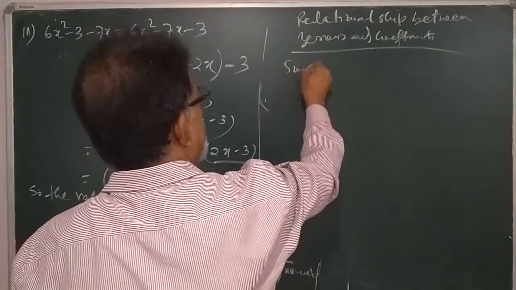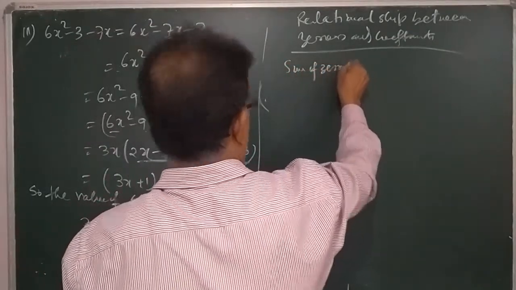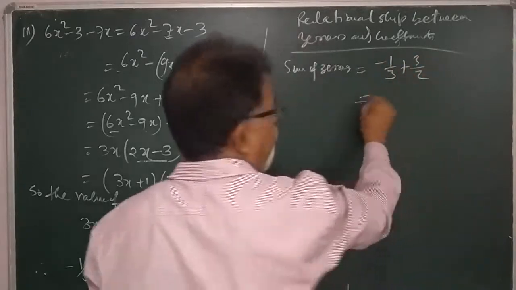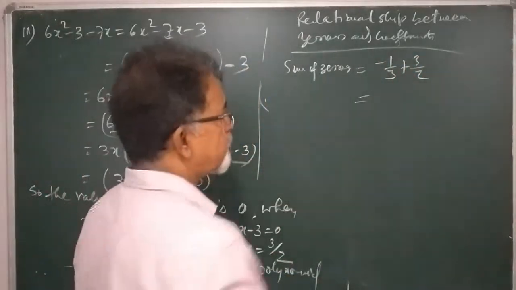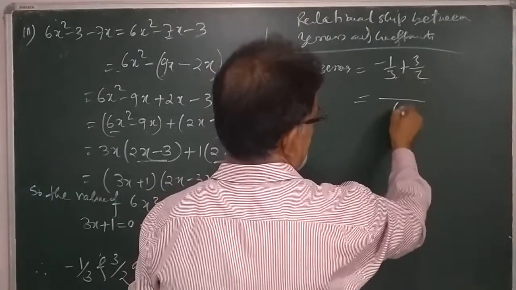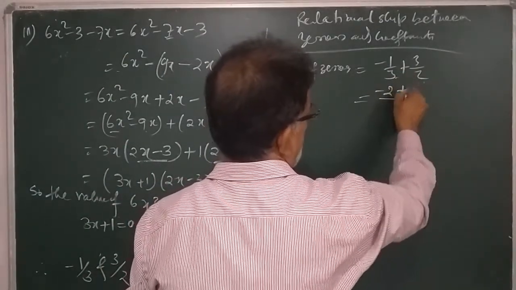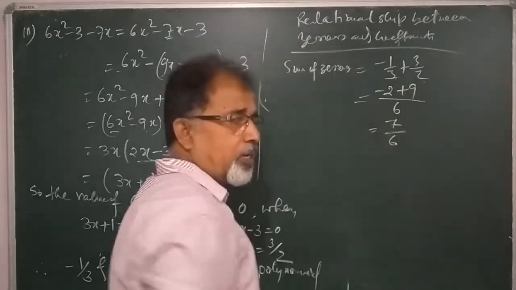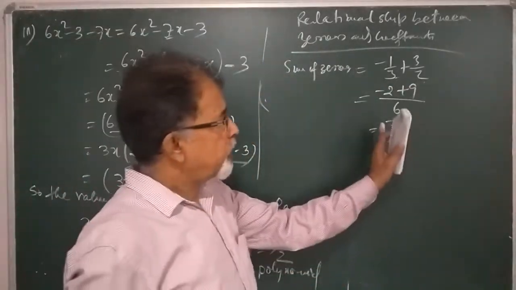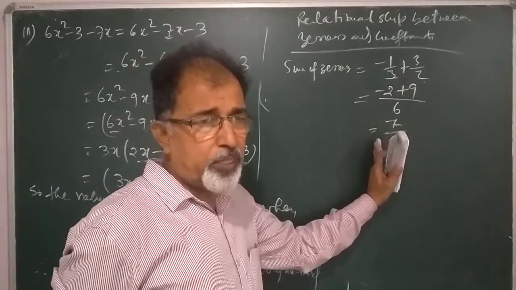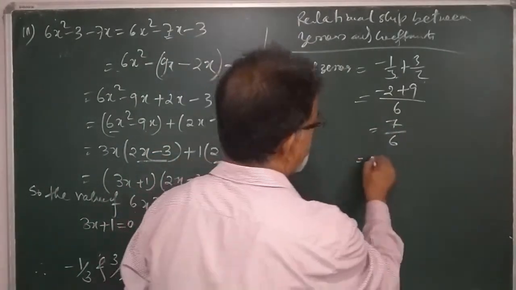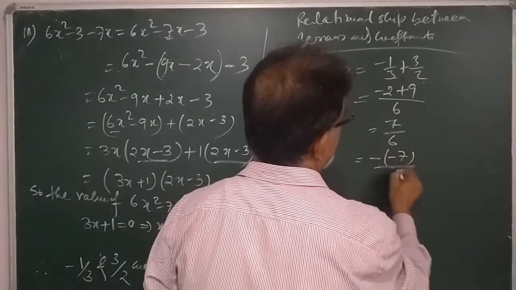Sum of zeros equals minus 1 by 3 plus 3 by 2. You already know how to add two rational numbers. The LCM of 3 and 2 is 6, so minus 2 plus 9, which is 7 by 6. Here the sum of the zeros should be negative of b by a. That's why we will write here minus 7 by 6.